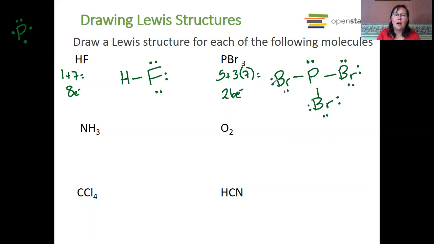Don't skimp on the dots. I know they take time, but you have to include them. Now I can see that everything's satisfied the octet, but I need to make sure that I have 26.